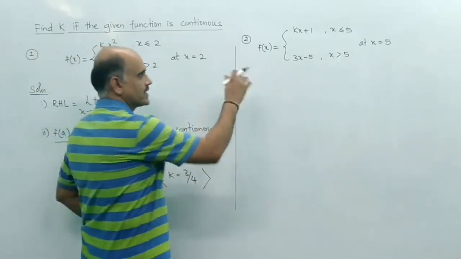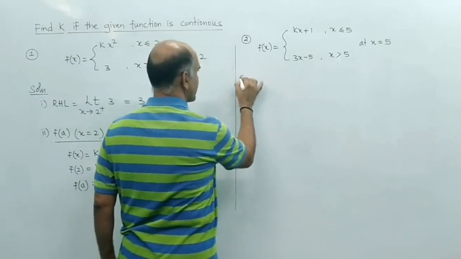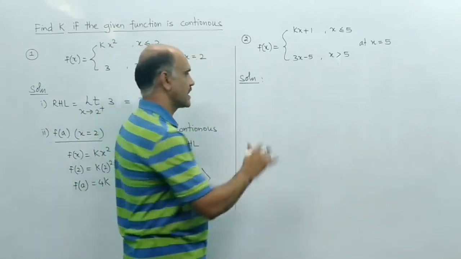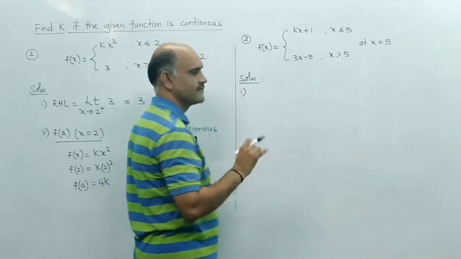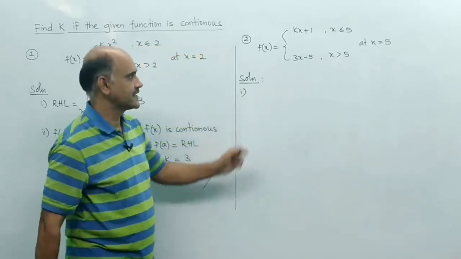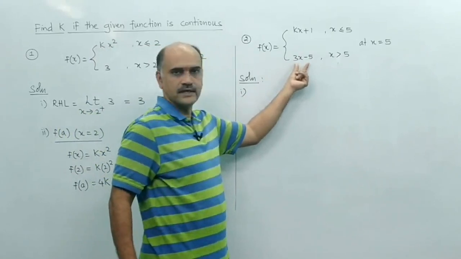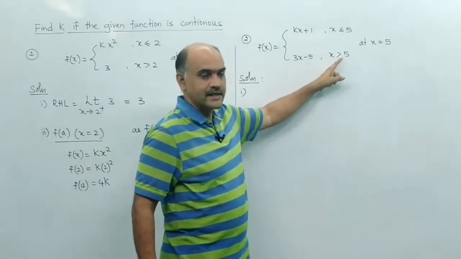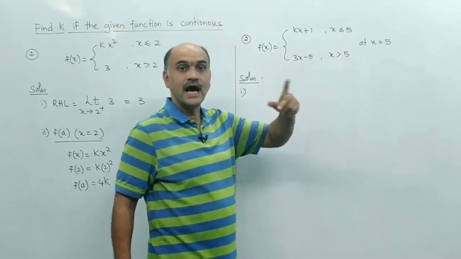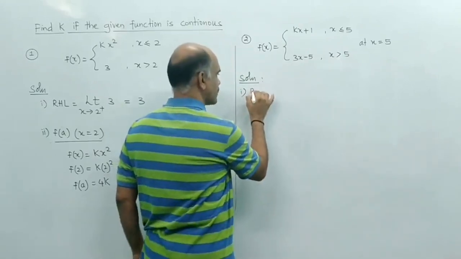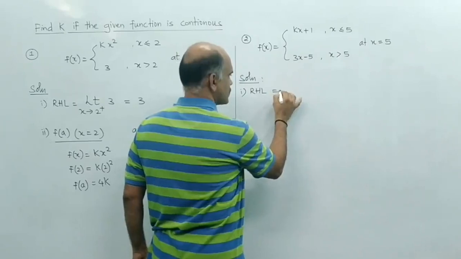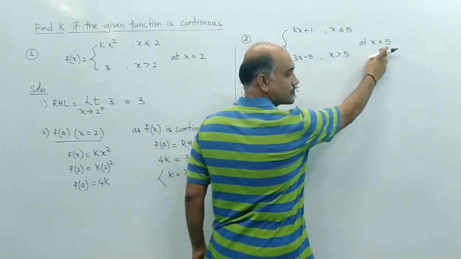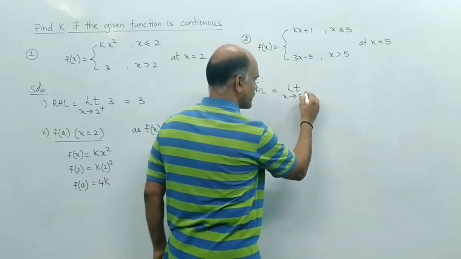Similarly, now you can tell me the second one. So if I take the second one, first we take the one in which there is no k. Means k is not there over here. If you observe here, it is greater than, and greater than means it is RHL. So first we will calculate RHL. RHL is equal to limit x tends to 5 plus.